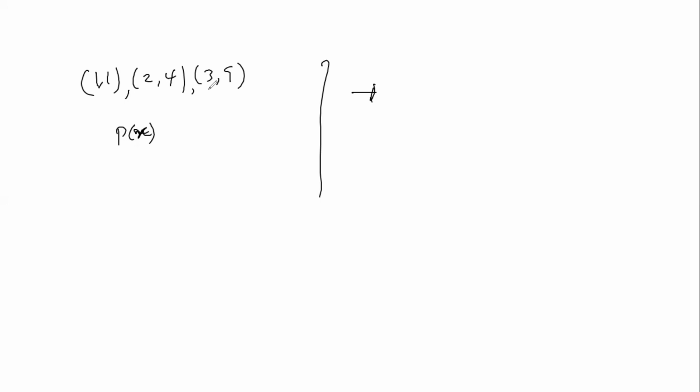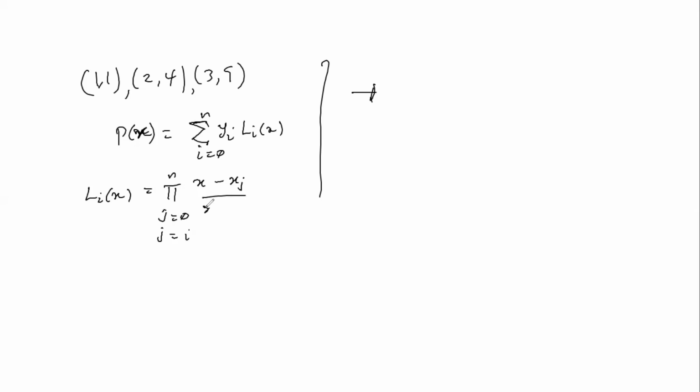Now, you will recall that P of x is given as the sum over i from 0 to n of y sub i times L sub i of x, where the Lagrange polynomial L sub i of x is the product over j from 0 to n, for which j is not the same as i, of x minus x sub j over x sub i minus x sub j.